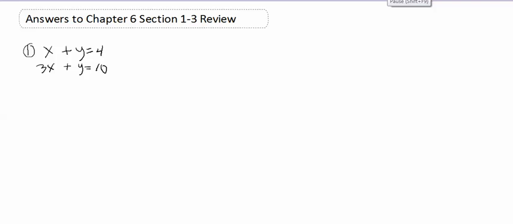Okay, we're going to go through the answers to Chapter 6, Section 1-3 review. The first problem says find a solution to the following systems of equations. For this one, I'm going to use the elimination method. I'm going to change everything to the opposite.